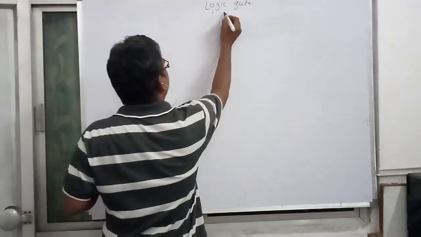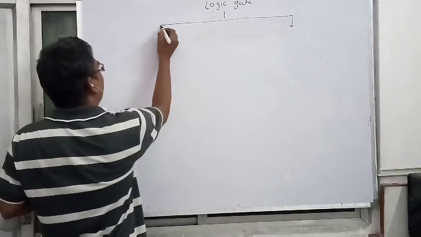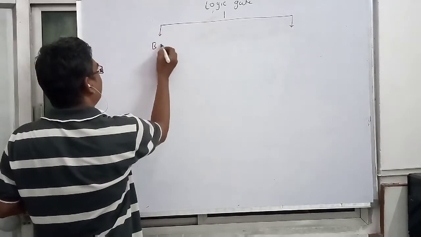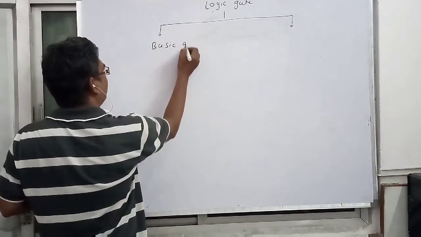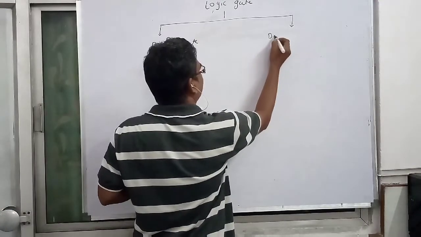Now, the logic gate has been divided into two parts. First is the basic gate and second is the derived gate.